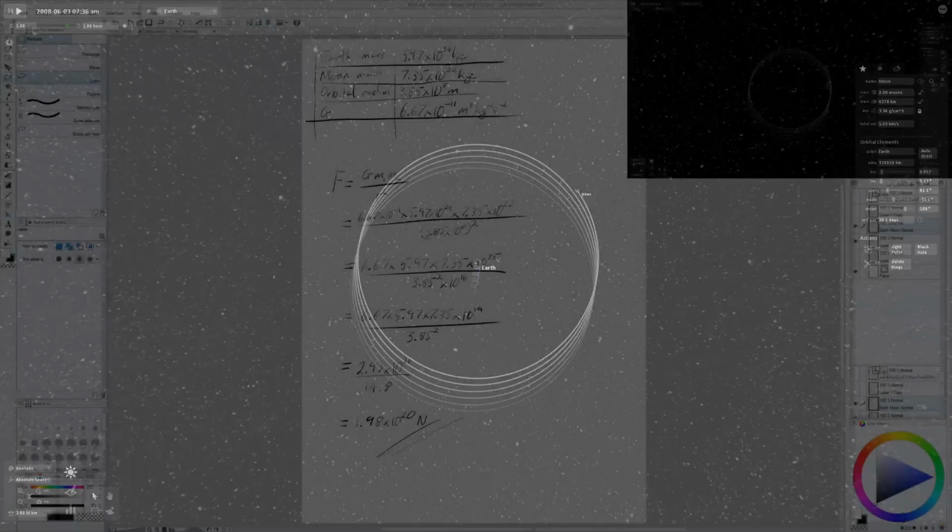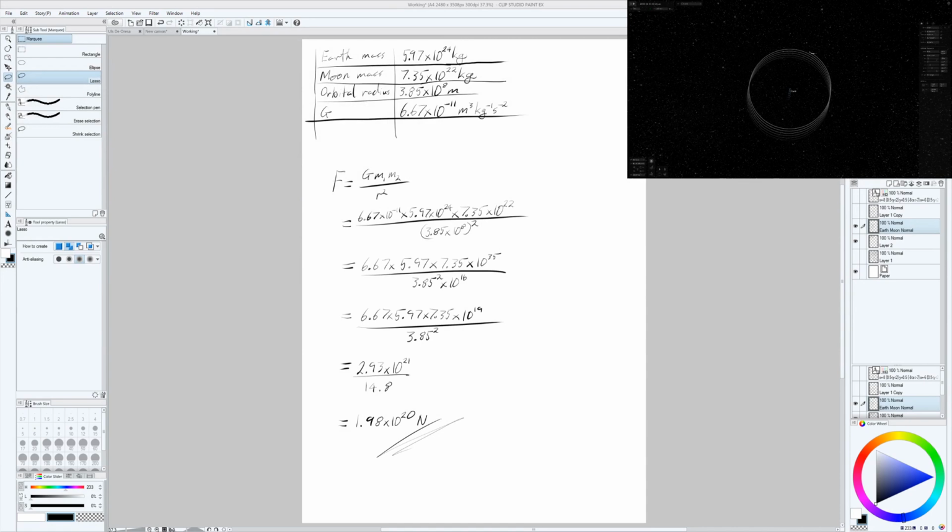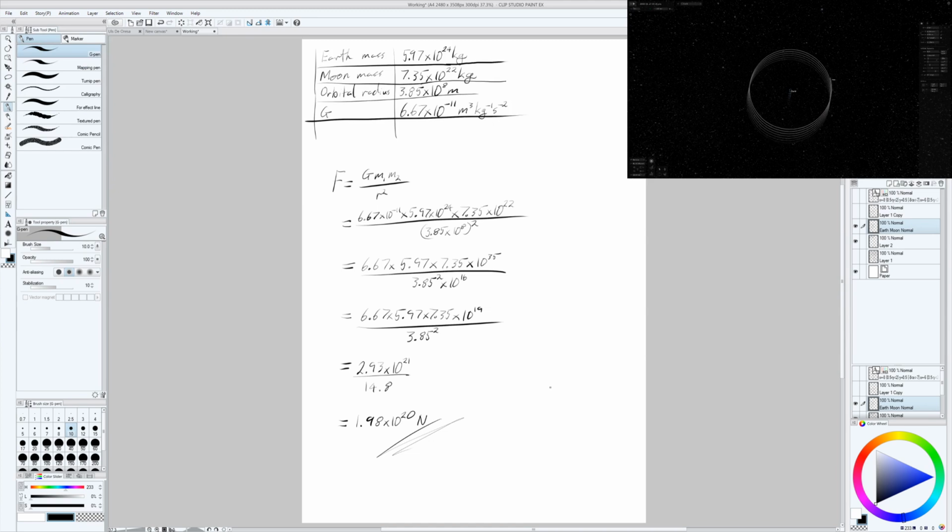So if we just switch over to working. Here we've got the working for what the gravitational force between the Earth and the Moon is normally. Now, do understand, and I apologize for the probably bad circle I'm about to draw.